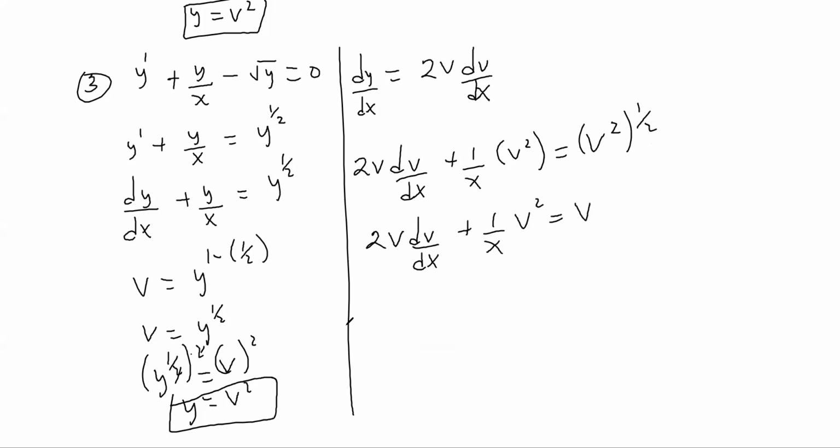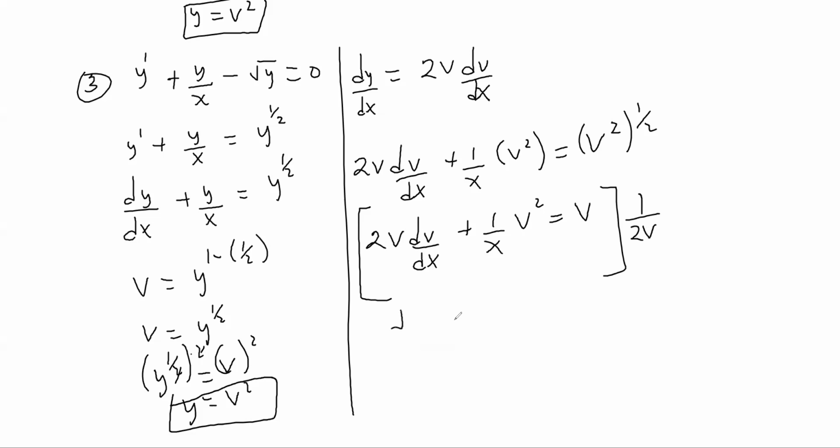So I want to multiply in a sense that I should get rid of this term. So what can I do? I can multiply by 1 over 2v. Why? Because if I multiply by this expression, the 2 cancels the 2, this v cancels this v, and I will have only dv by dx.